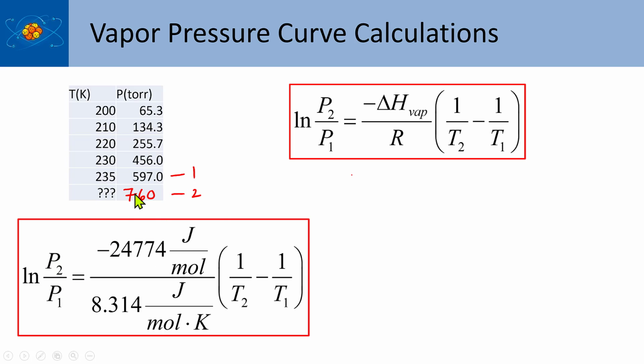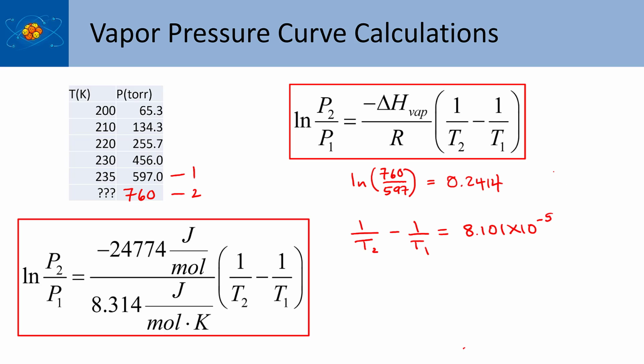We'll need the natural log of P2 over P1, which would be 760 over 597. We'll solve for that, and then we'll do some rearranging to get 1 over T1 minus 1 over T2 minus 1 over T1 by itself.